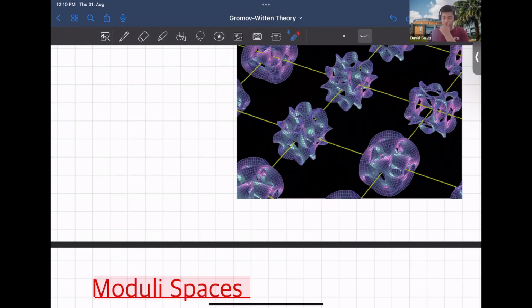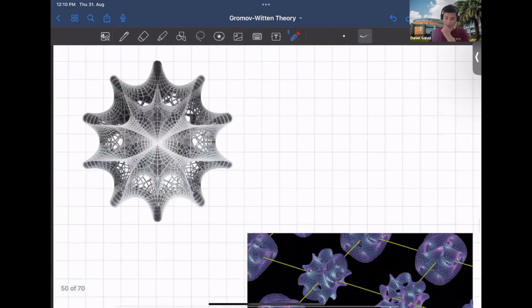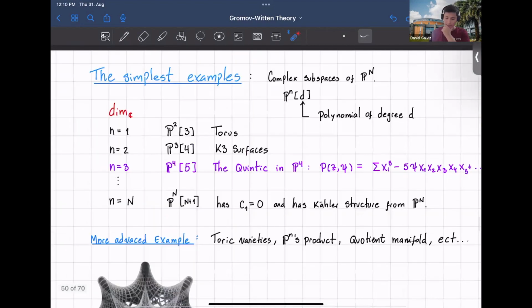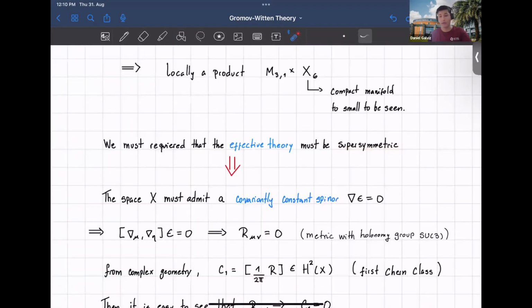Okay, so somebody is asking, does this constraint, this supersymmetry, come from mathematical motivation or physics motivation? And the answer is, it comes from physics motivation. You want this effective theory to be supersymmetric, because there's no way to keep the theory unitary.